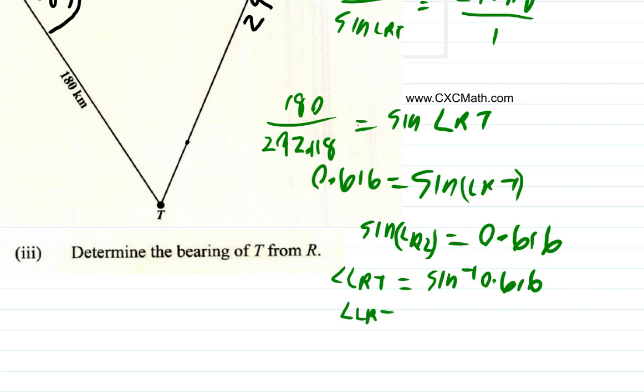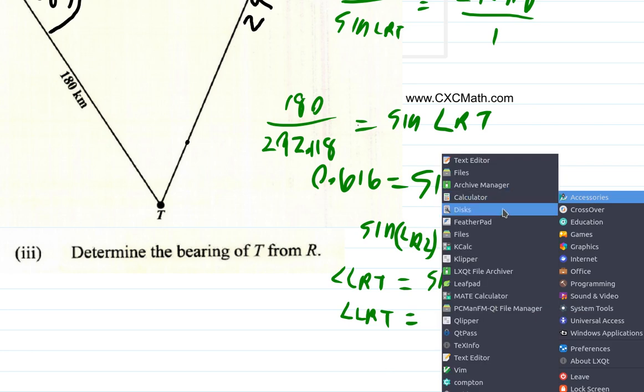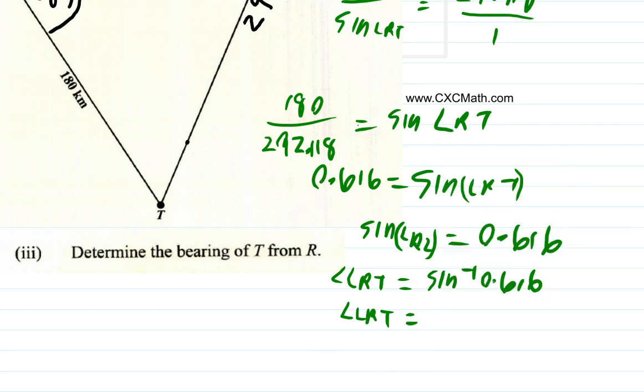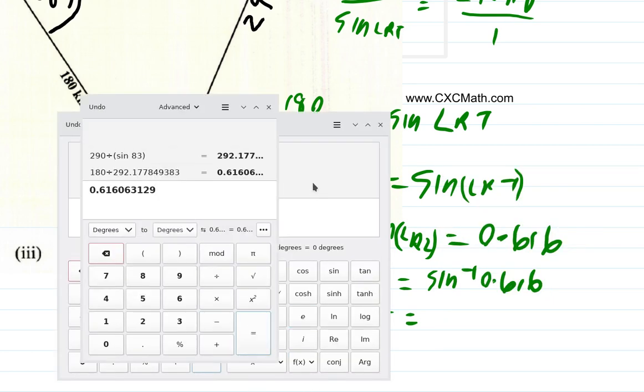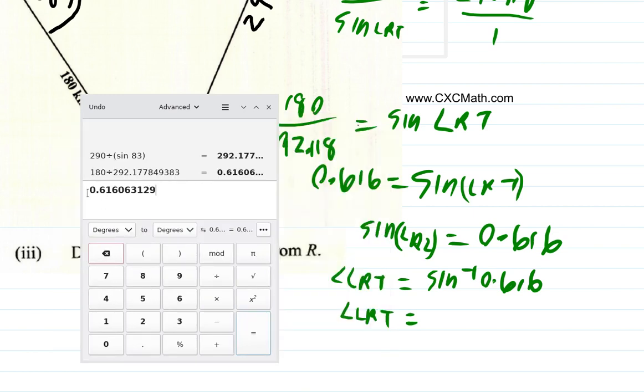Angle LRT equals. Let's find the sine inverse of that. All right. It would be on the calculator here. It should be, let me see now.